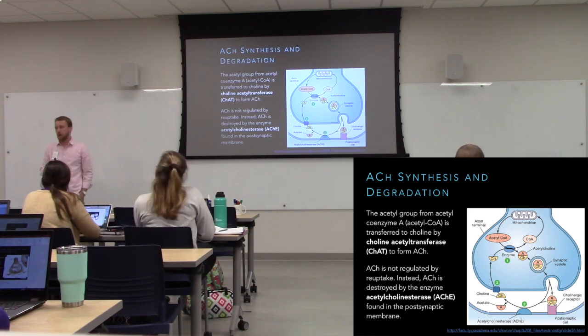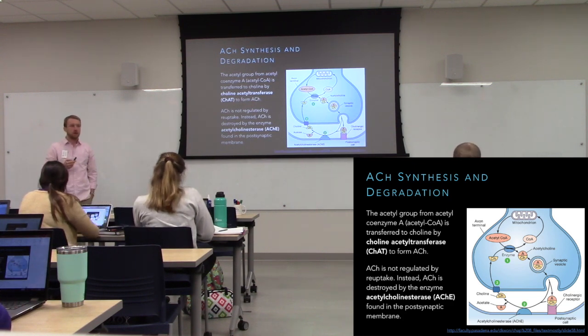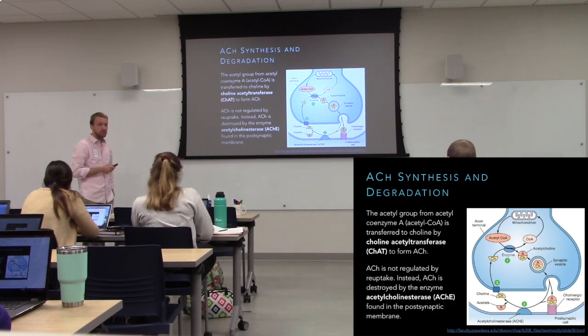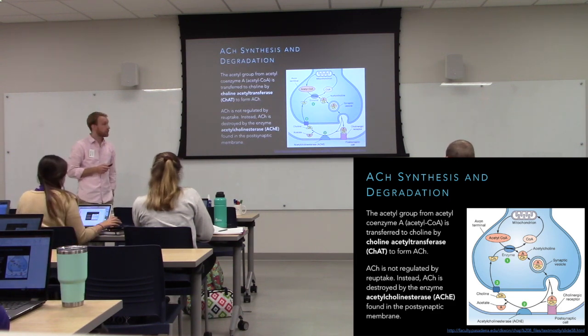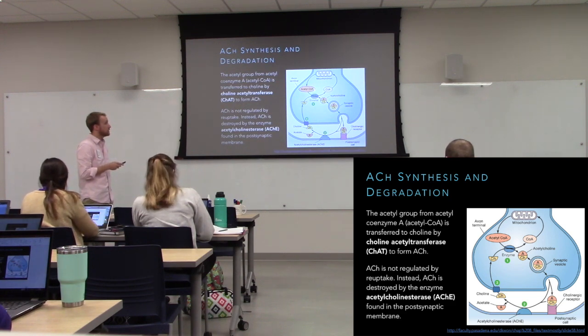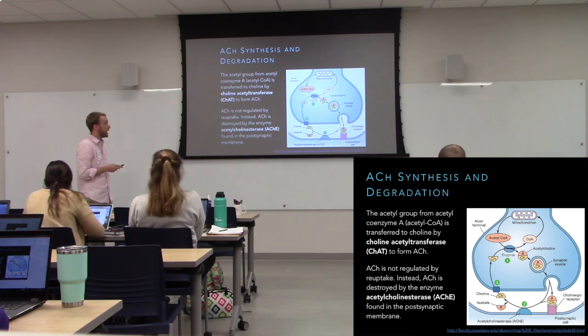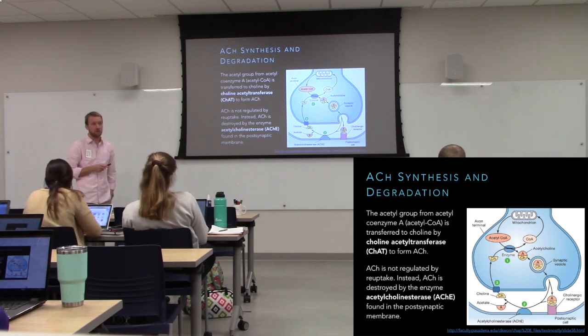Acetylcholine is another common neurotransmitter. This one is also derived from some of our metabolic substrates. So we're going to rob the mitochondrion of a little acetyl-CoA because we're going to take the acetyl group off of that, put it onto a choline. The enzyme that catalyzes this is choline acetyltransferase, or CHAT, and that'll make acetylcholine.